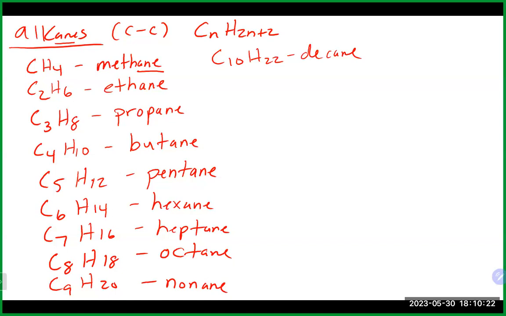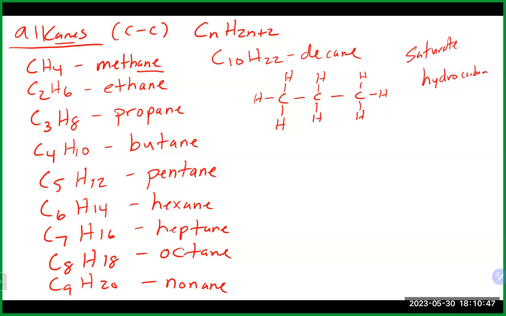If you take an alkane like, say, propane, and we draw it out, this is also sometimes referred to as a hydrocarbon because it has just hydrogens and carbon. This is also sometimes referred to as a saturated hydrocarbon.